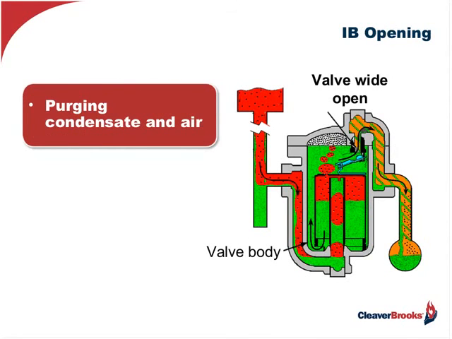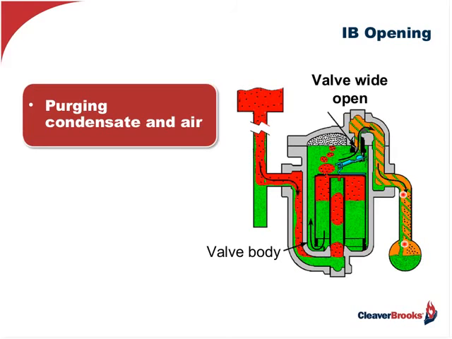As far as the inverted bucket trap is concerned, this operates on a pressure density differential. As the condensate is, you can see in this particular case, I'm venting. This valve right here, which is tied to my bucket, is open, which means I'm now purging condensate and air out.